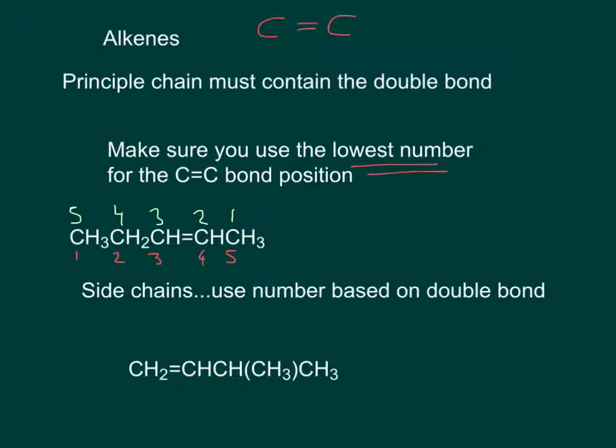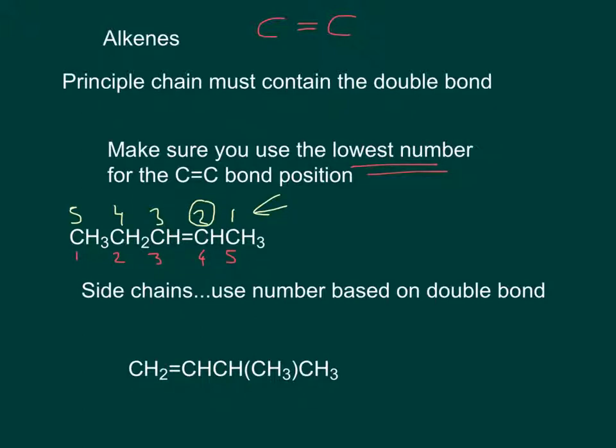But using these numbers, I would be using the 2 to position my carbon-carbon double bond. In red, I'd be using the number 3. So I'd be obviously using these numbers here. Again, once you've determined how you're going to number your carbon-carbon double bond, you then label your side chains. So have a bash at doing those couple of examples there.